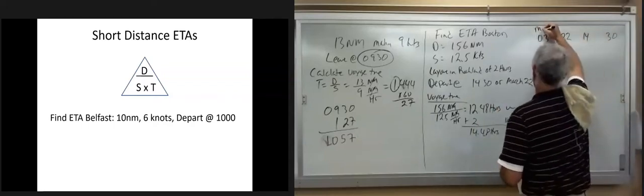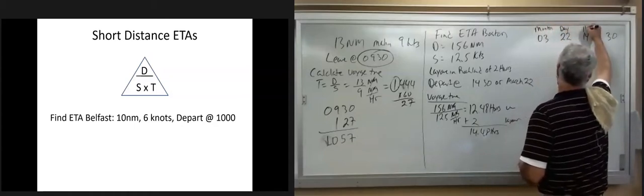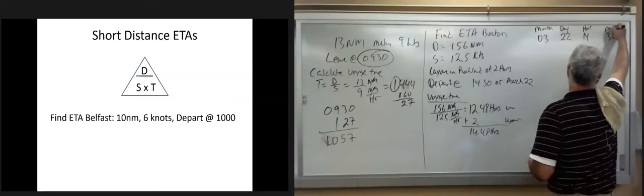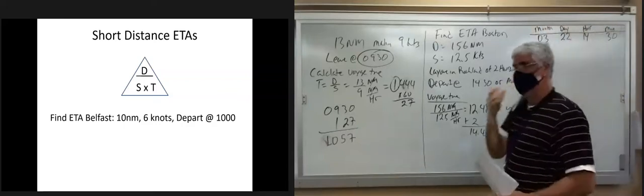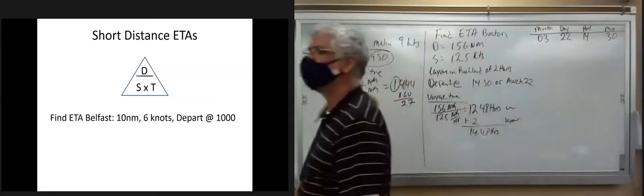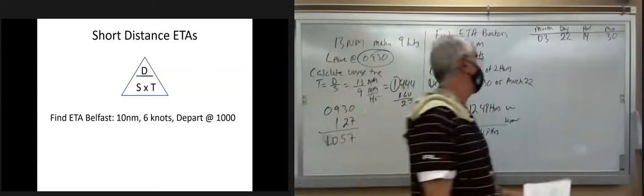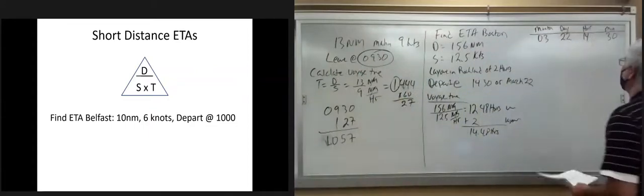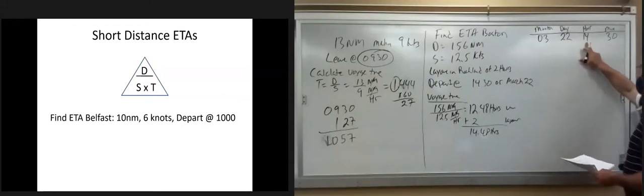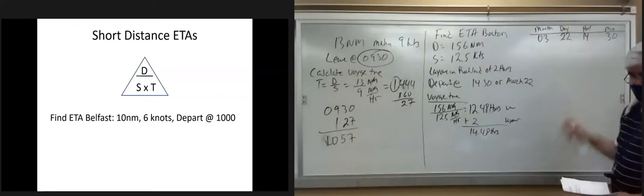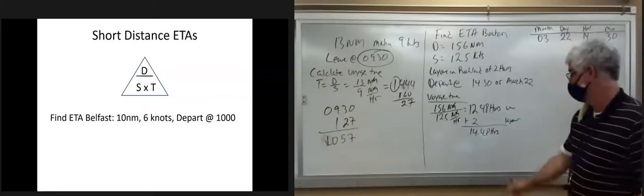This is month, this is day, this is hour, this is minute. I have to have a column for each of those. I'm going to break up the hours and the minutes. I started on the 3rd month, the 22nd day, the 14th hour, the 30th minute. How much is my run time? What's my total voyage time?